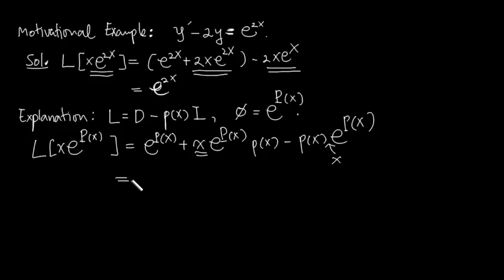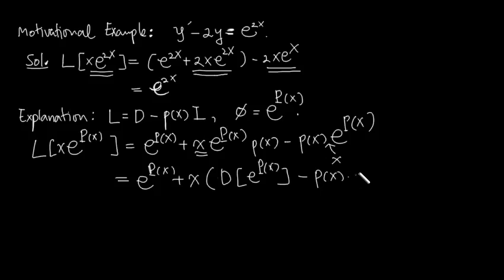So if you factor out x, what happens is that x times this is the derivative of e to the P(x). So I can write it as a derivative like this, e to the P(x) times p(x), and minus this p(x) times x times e to the P(x).